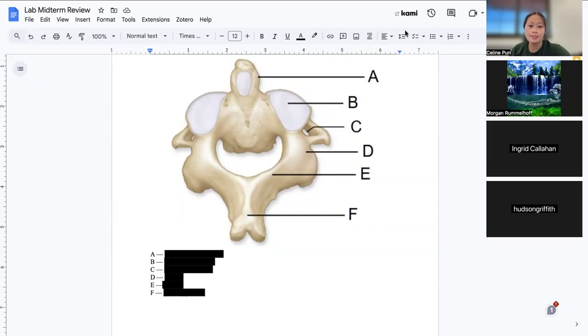And the format of this is we're going to be reviewing different structures. I'm going to put the structure on the screen for like 3 minutes, and then we'll review the answers together. Make sure to be writing down the spelling correctly.